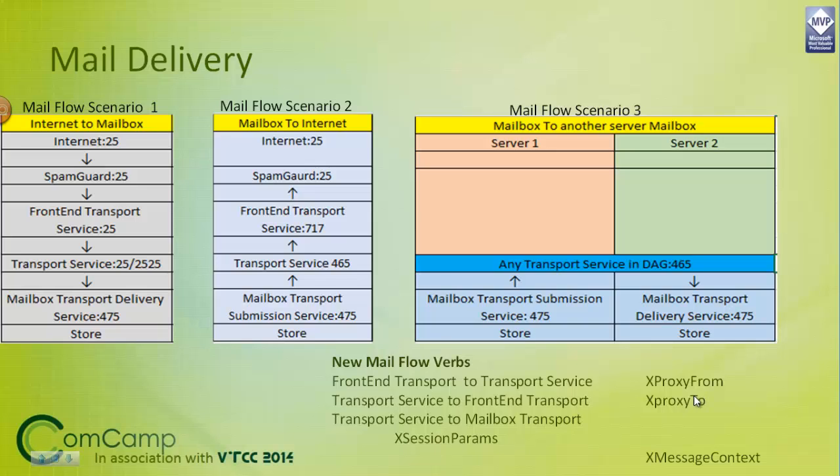And when the transport service sends an email to the front-end transport service, it uses X-Proxy-2. And it also carries the header, basically the IP, all routable information.